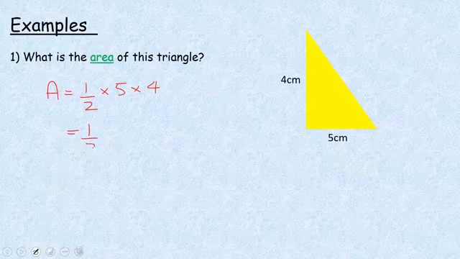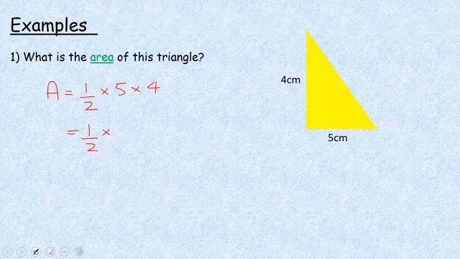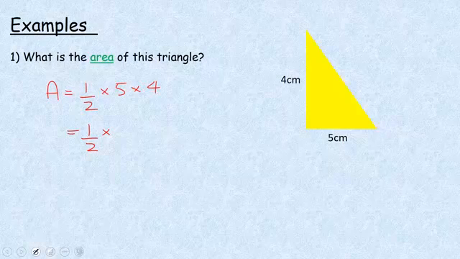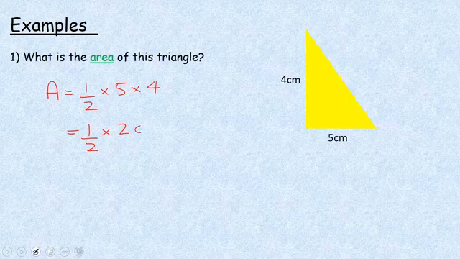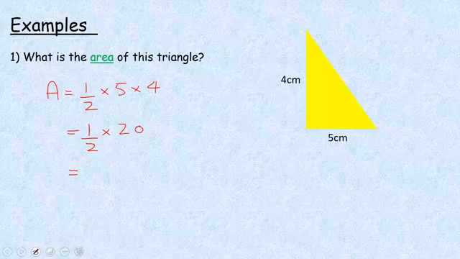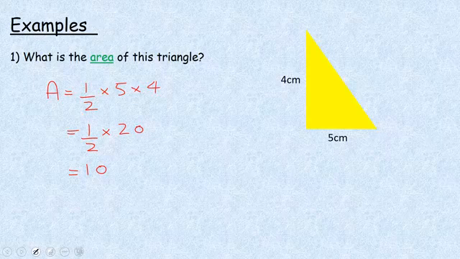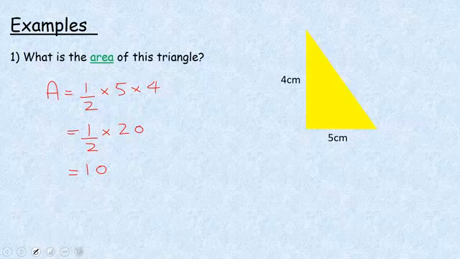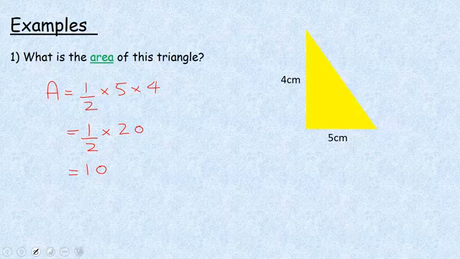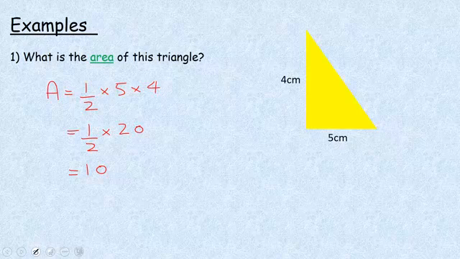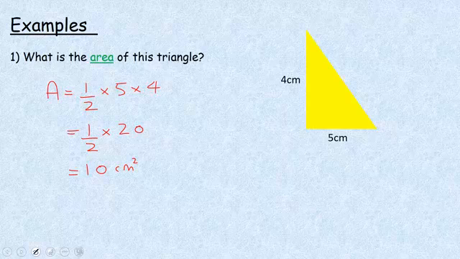That is 1/2 multiplied by, we know 5 times 4 is 20. And then half of 20 is 10. When you look at the question, we've got lengths in centimeters. So our area must be in centimeters squared.